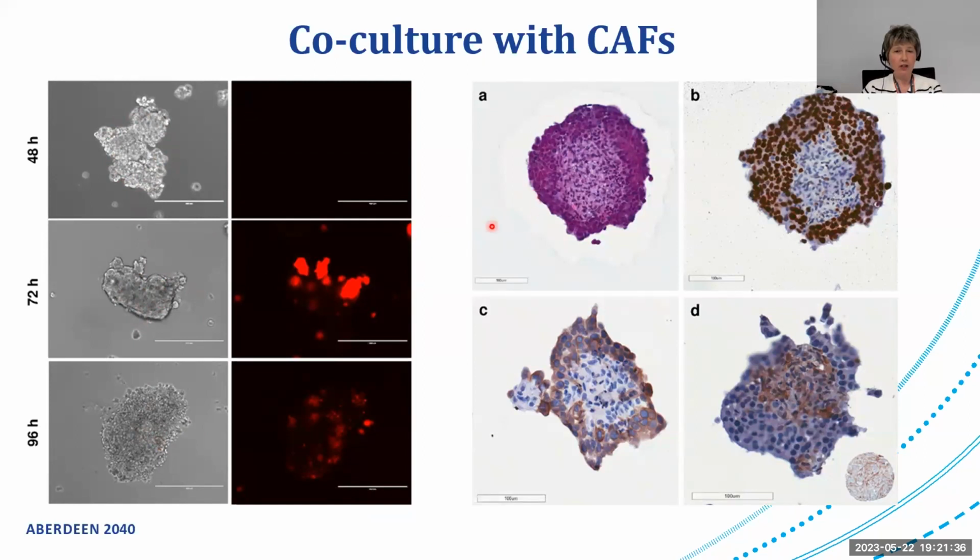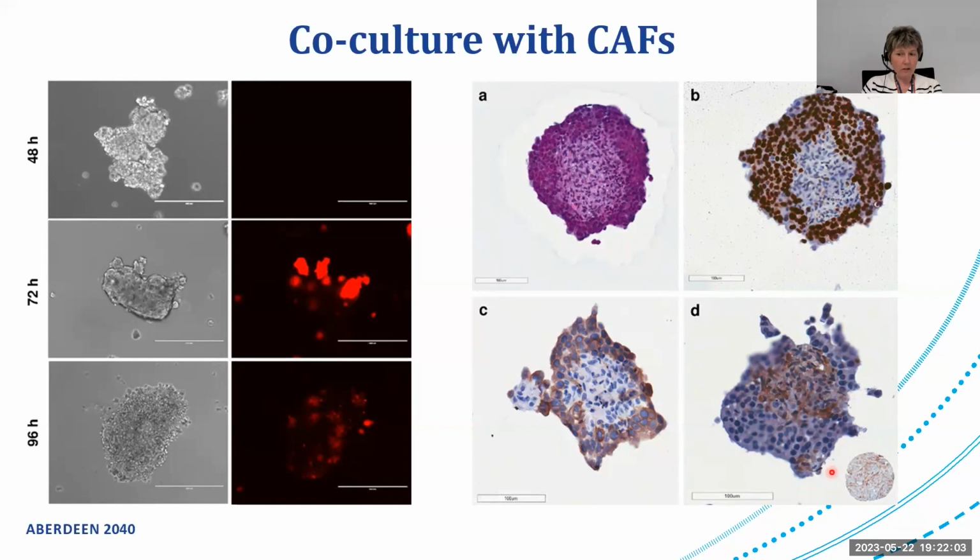And this is shown in an immunohistochemical image of sections of the spheroids. So here you see the cancer cells stained with Ki-67 on the outside, and the fibroblasts had an RFP marker, and you can see the cells on the outside of the spheroid, and over time they start to infiltrate into the centre of the spheroid.